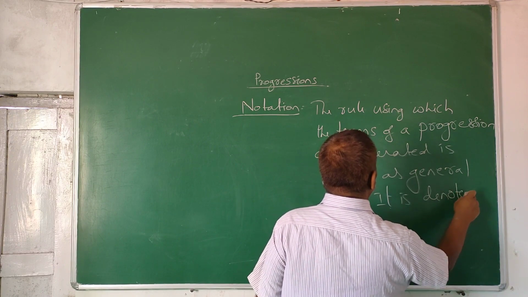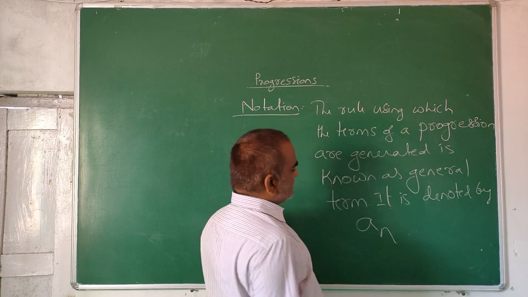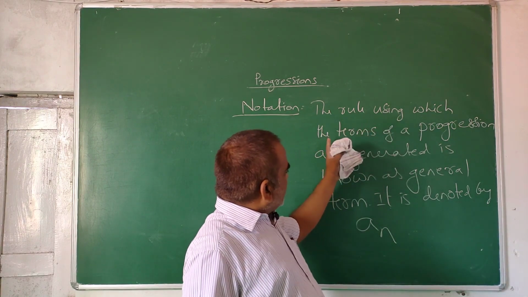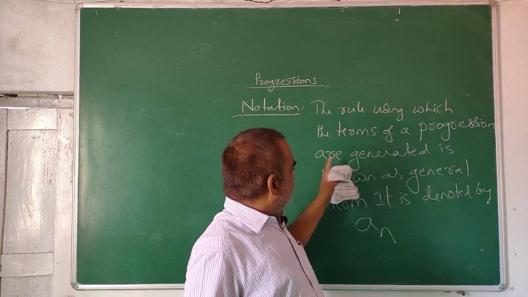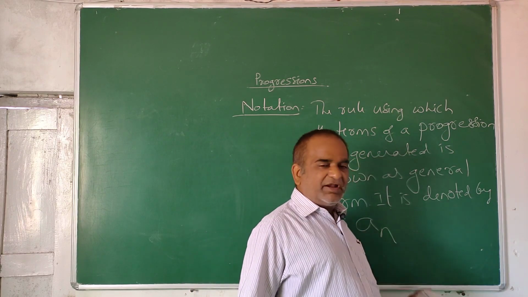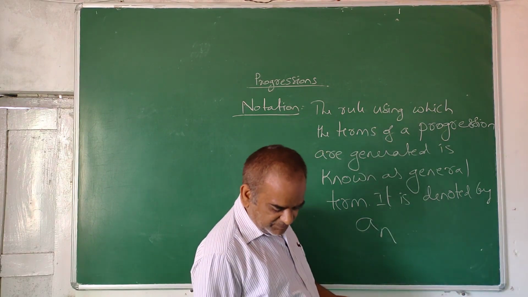Please do understand. A suffix n. So the rule using which you are generating the terms of a progression is known as the general term, and it is denoted by a_n throughout this chapter. I think you understood. Okay.